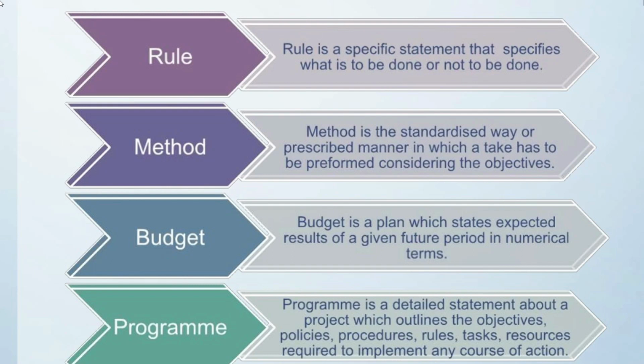Now, let's move on to the last plan, and this is called program. Programs are the combination of objectives, policies, procedures, and rules. All these plans together form a program.